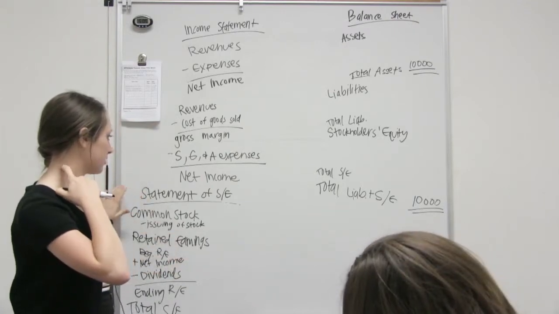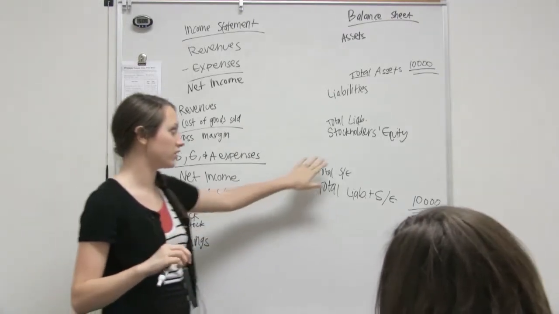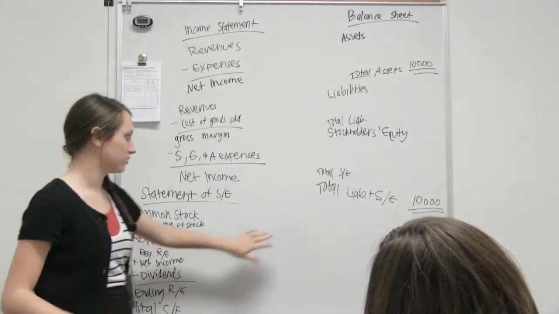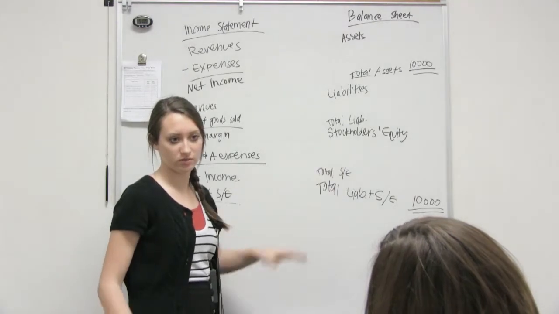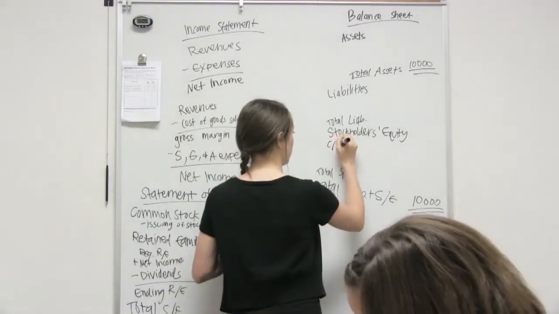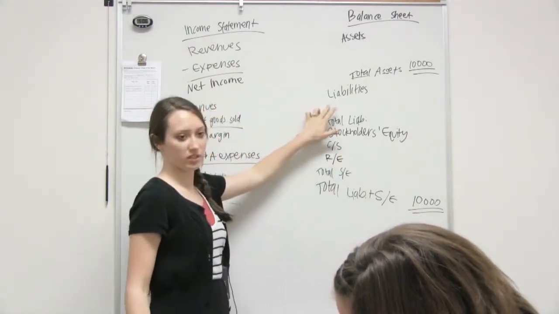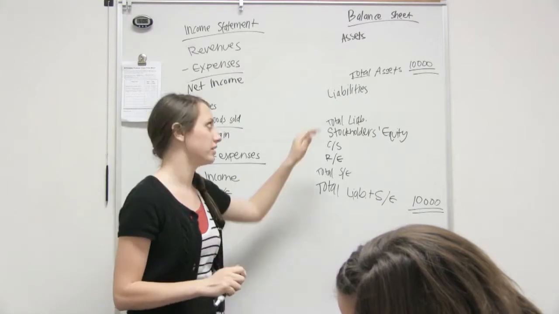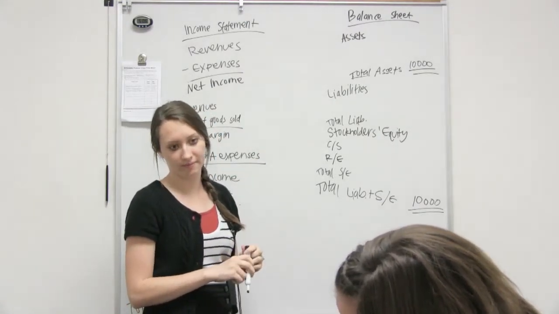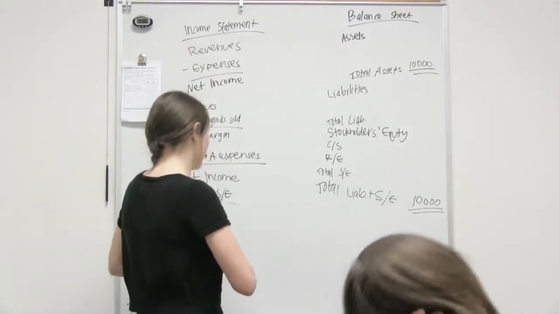That's why you do the statement of changes in stockholders' equity first, so you'll have your ending common stock number and your ending retained earnings amount to put in over here. That's why you left space there. Under liabilities, you'll list your payables, things like that, and under assets, cash, land, things like that. So you're good on those.